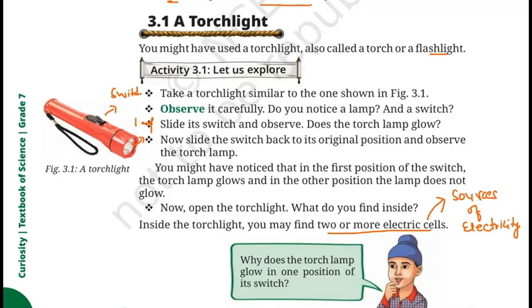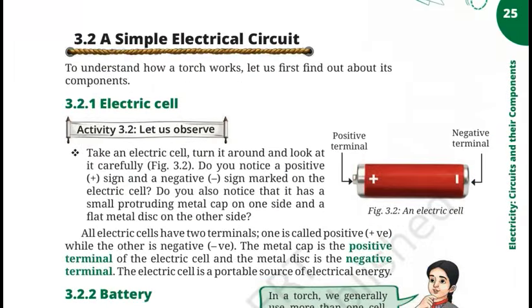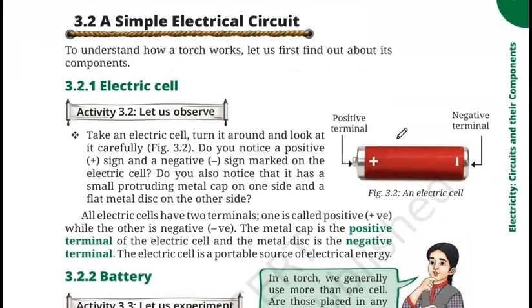All right. So let us understand a simple electric circuit by starting with the source of electricity, that is the electric cell. So you all must have seen an electric cell, I'm sure. If not, what are you going to do? Ask your parents to give you a battery or an electric cell which looks like this.